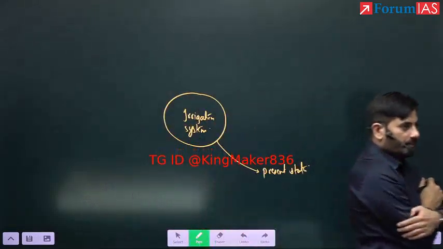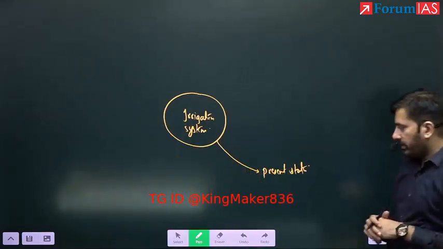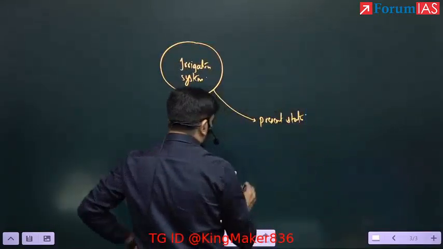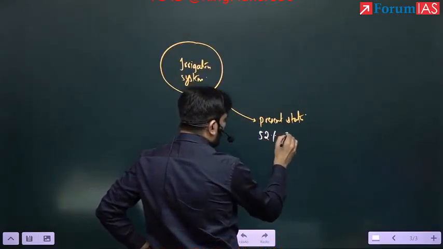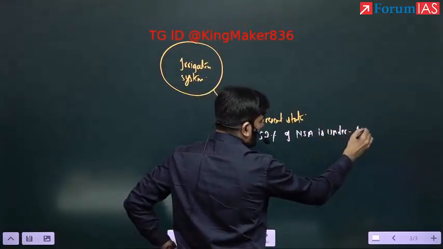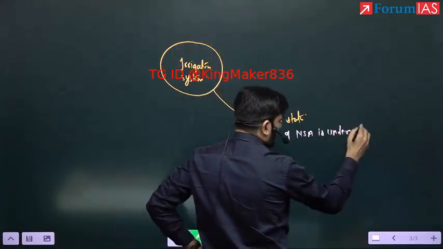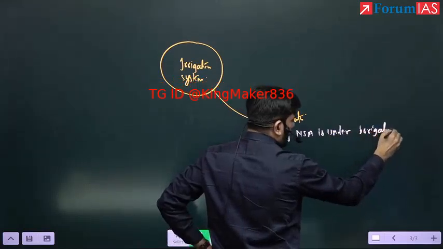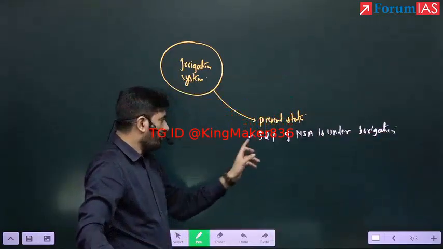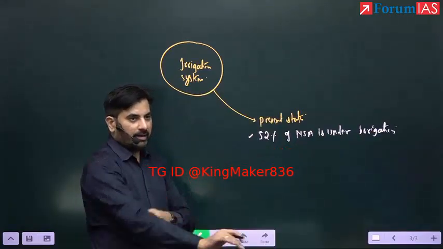So please write: presently 52% of net sown area is under irrigation. In the bracket you can write 73 million hectares.